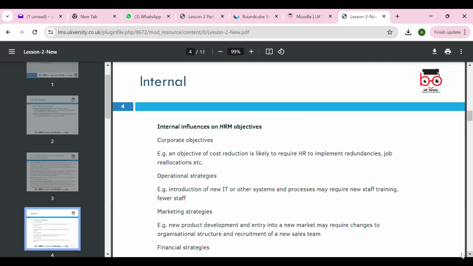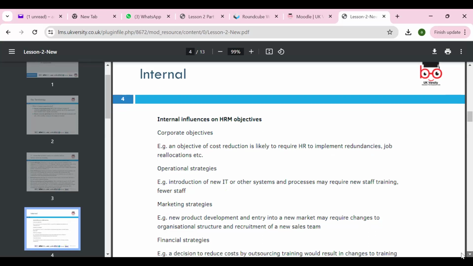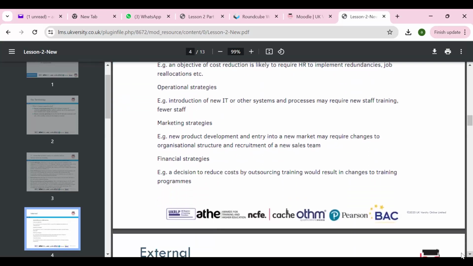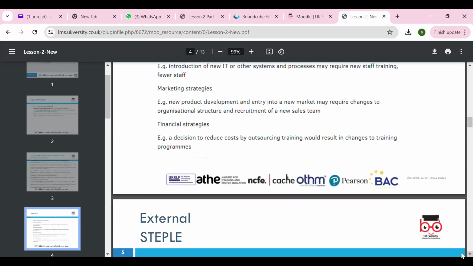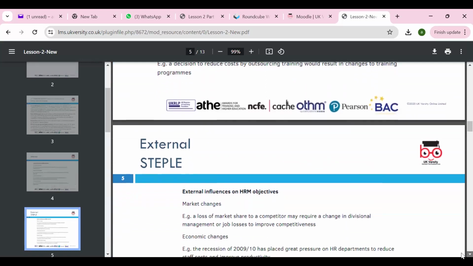Marketing strategies: we can look at new product development, entry into a new market, and maybe changes to the organization structure, recruitment, and sales team processes. Financial strategies: a decision to reduce cost by outsourcing training would result in a change in the training program, which we can extend.